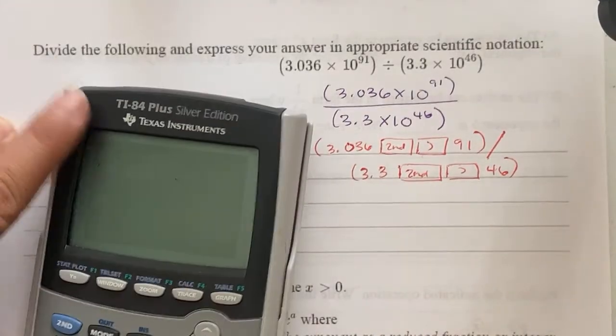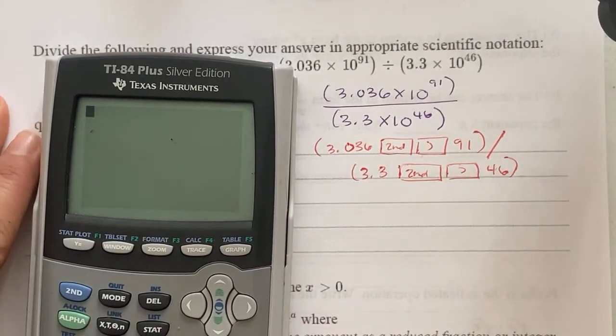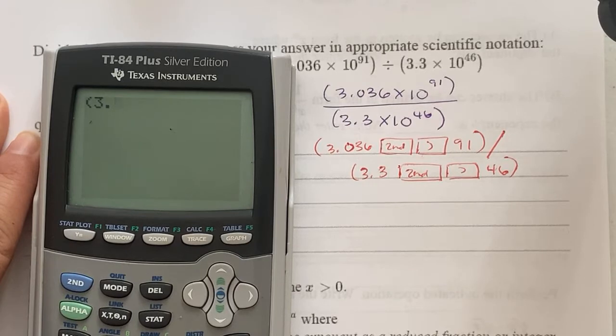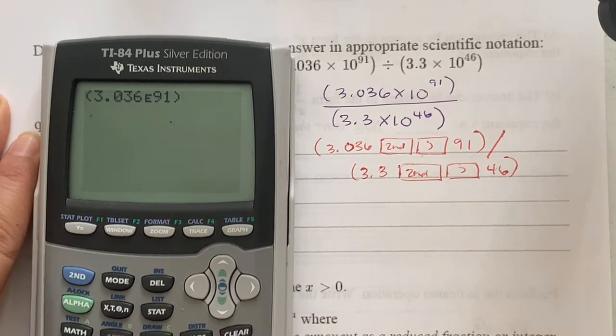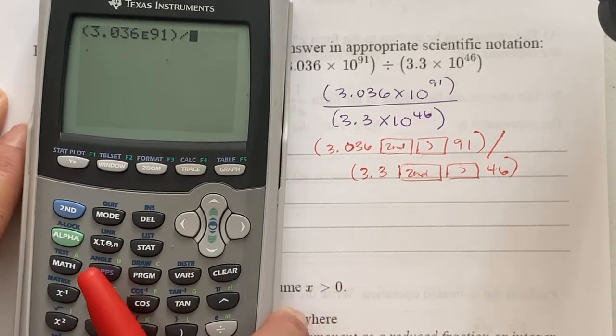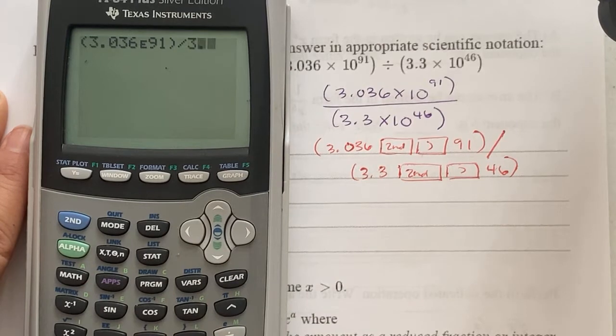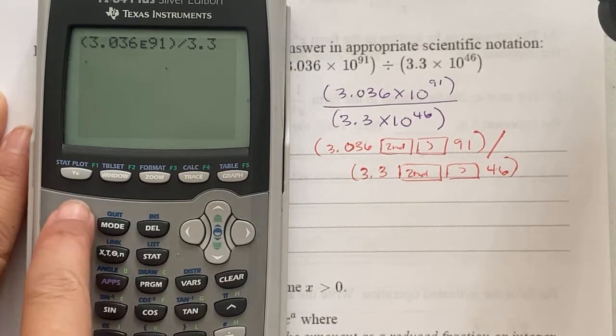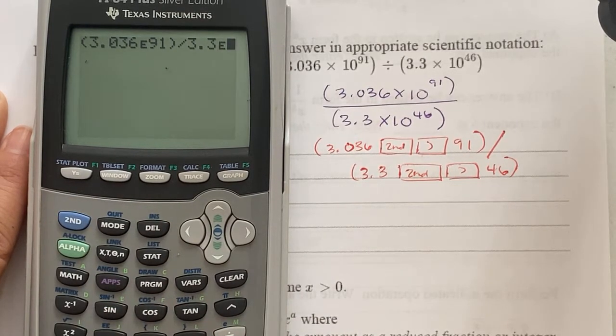So follow the example: parentheses, 3.036, second, comma, 91, close the parentheses, hit the divide key, and then put in 3.3, second, comma, 46, close the parentheses and hit enter.